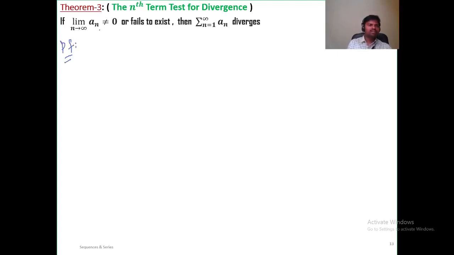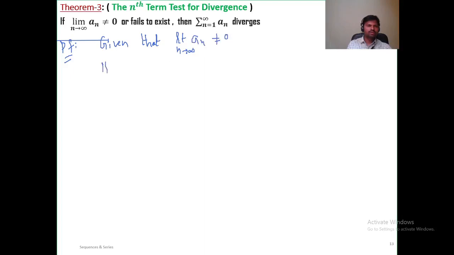If the limit as n tends to infinity of a_n is not equal to 0, so given that the limit as n tends to infinity of a_n is not equal to 0, this is given to us.